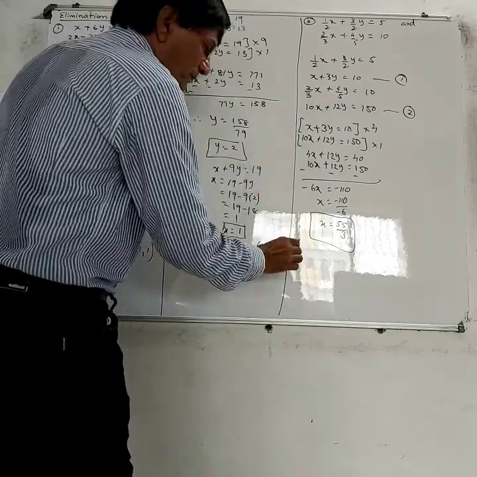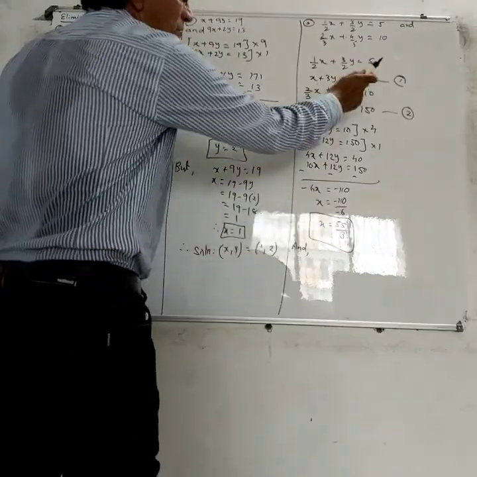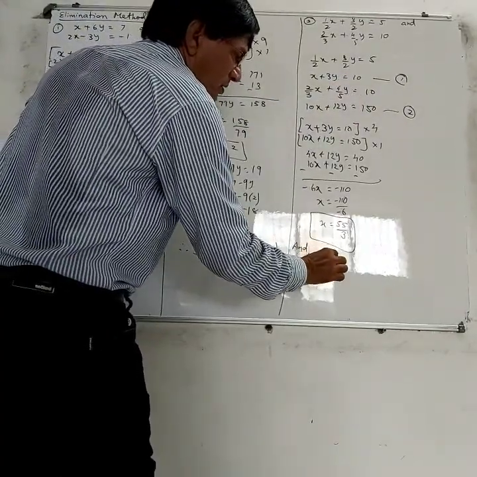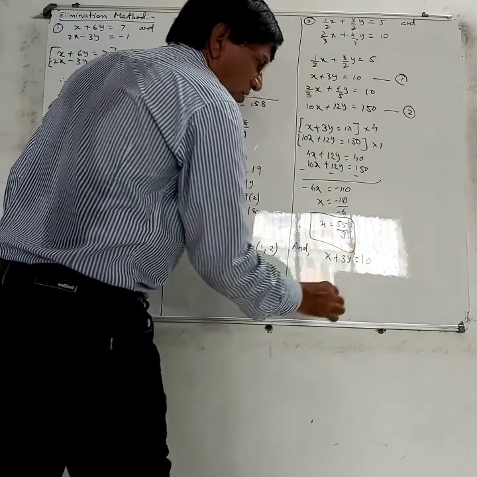Now you can take any one equation. I am taking this equation, the easier one: x plus 3y is equal to 10.